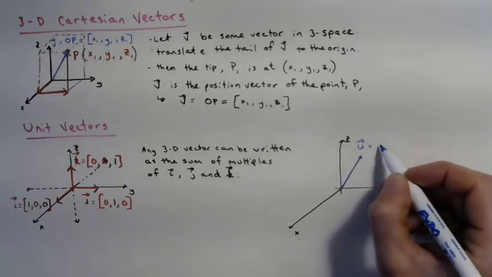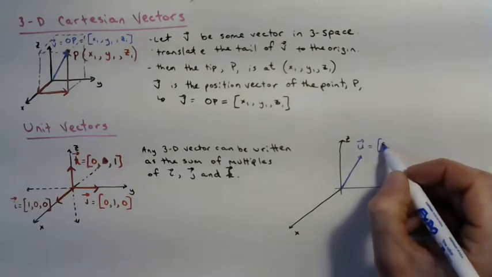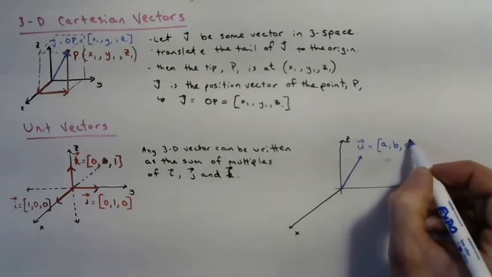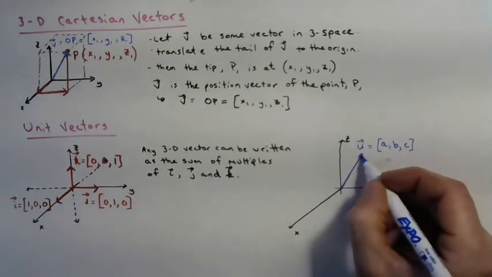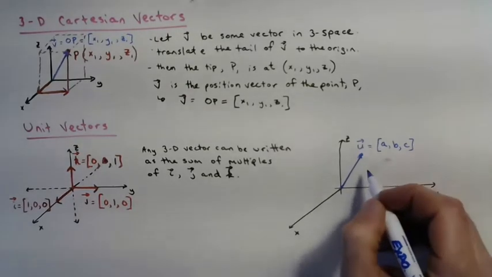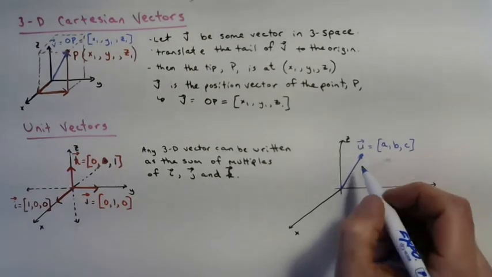Then vector u is represented by the point (a, b, c), which makes this the point (a, b, c) in rounded brackets.